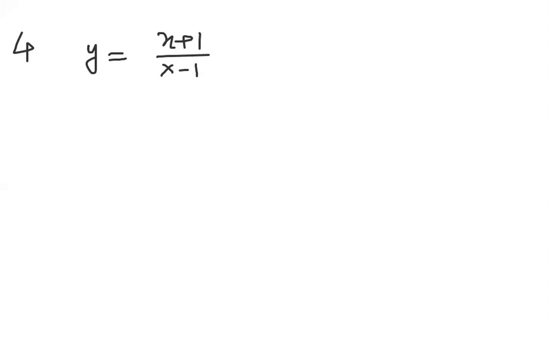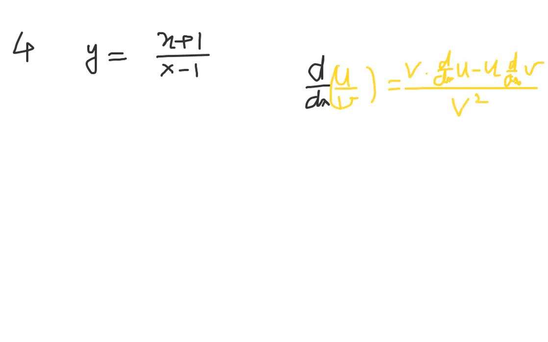The quotient rule is: differentiation of u upon v is v differentiation of u minus u differentiation of v, upon v square.